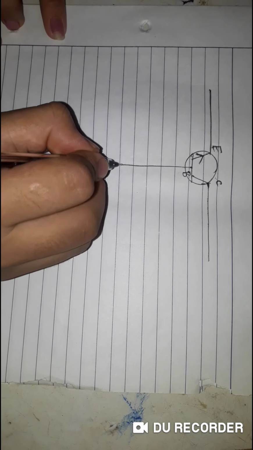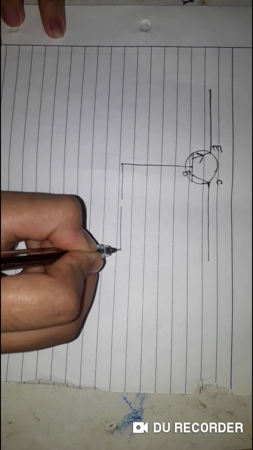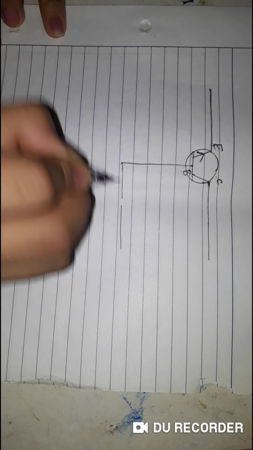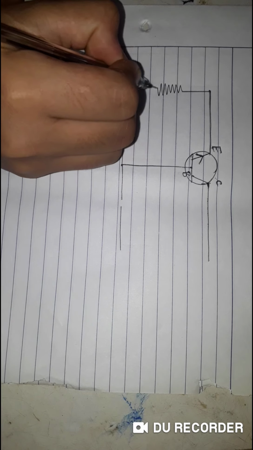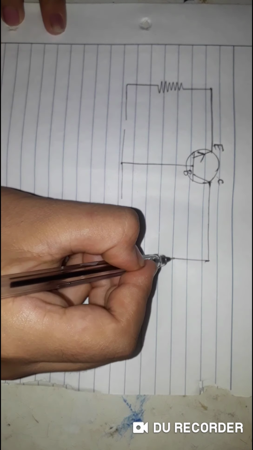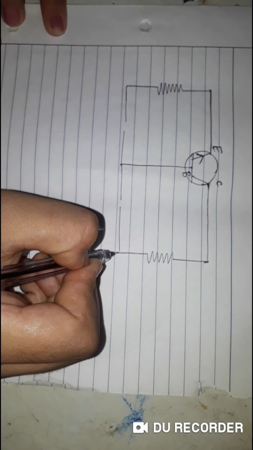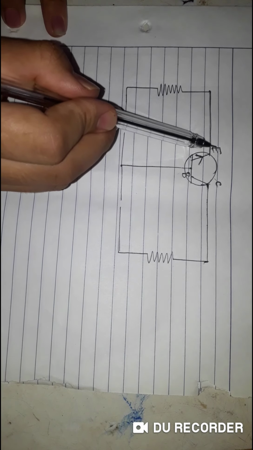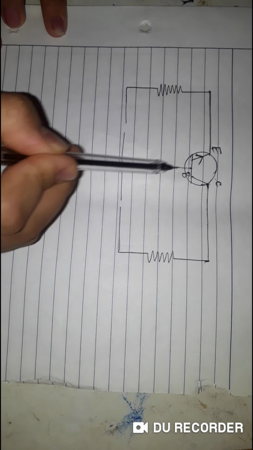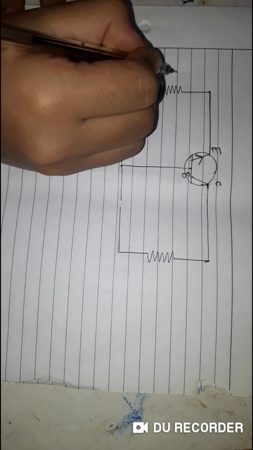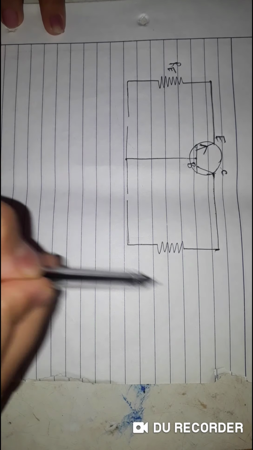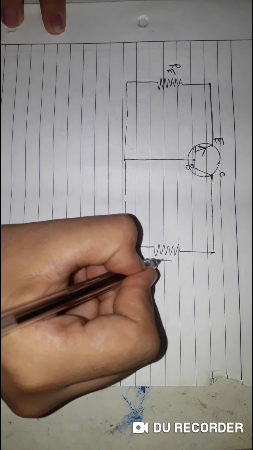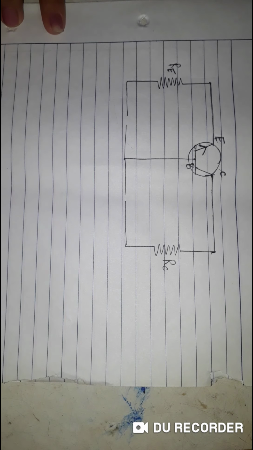Now after this, I will draw a straight line from here, leaving a little gap, and I'll do the same on the other side. I am going to draw one resistor over here, like this, and another resistor here. Since this is the emitter side, this resistor will be named RE. And since this is the collector side, this resistor will be named RC.